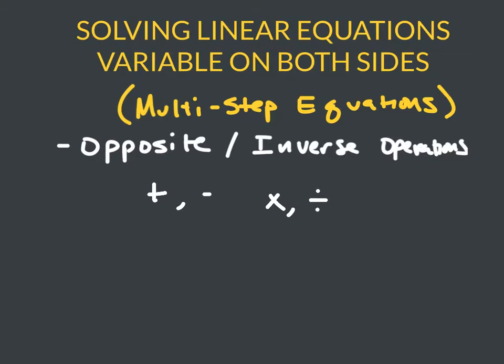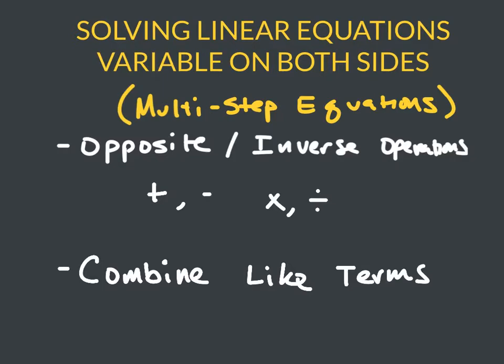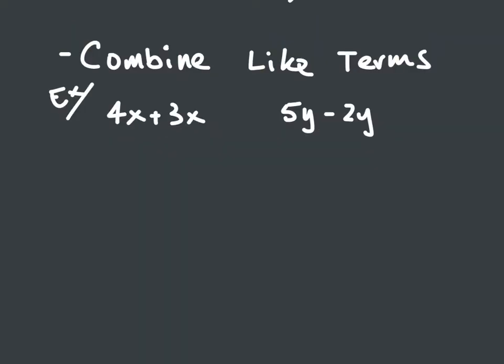Now we've got something that I'd like to introduce called combining like terms. Combining like terms is a very, very important thing. This will help simplify things and make solving equations much easier. Here's an example of combining like terms. I have 4x plus 3x.